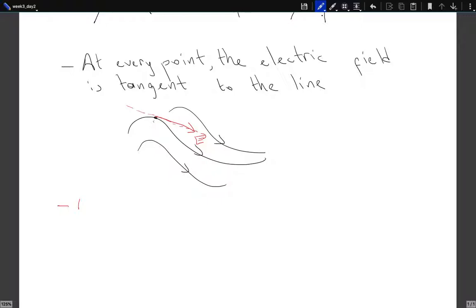But to determine the electric field, we need two quantities at every point. We need to know the direction of the electric field, and we also need to know the magnitude. The direction is determined by the tangent. The magnitude is determined by the density.